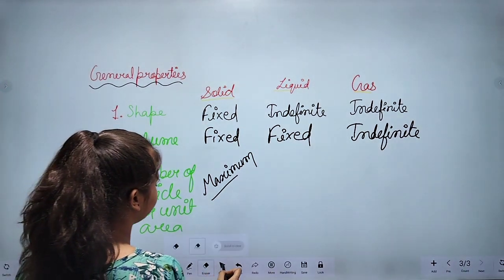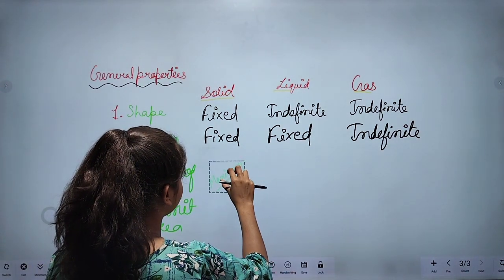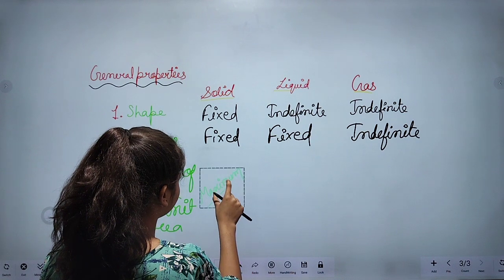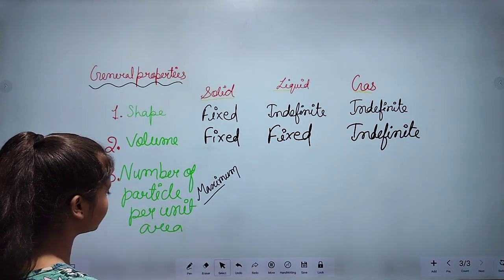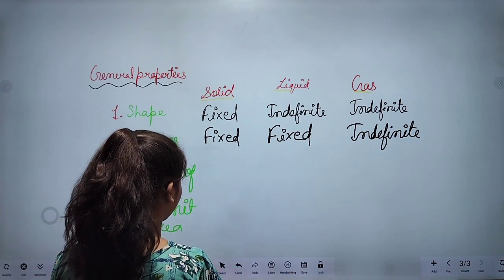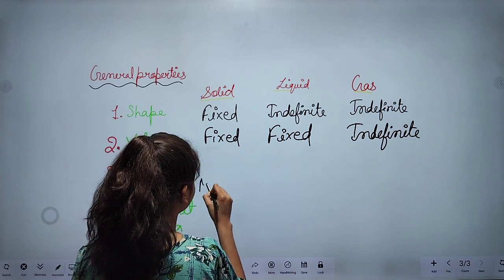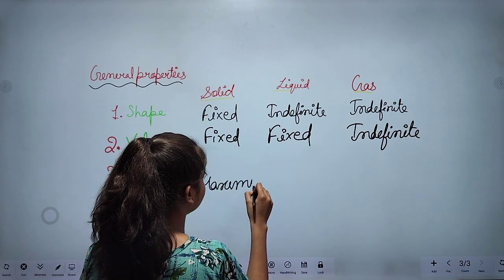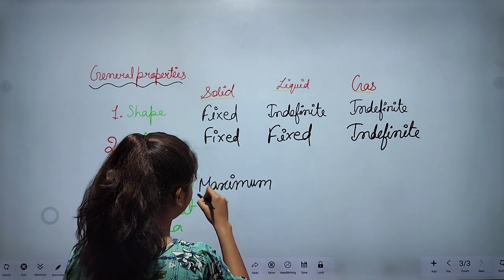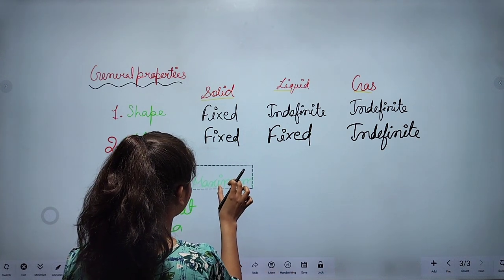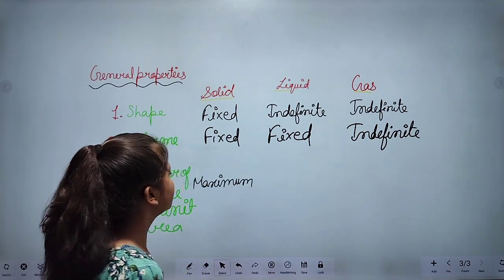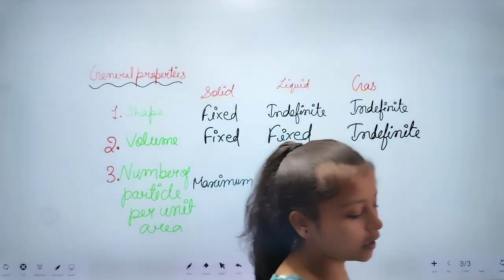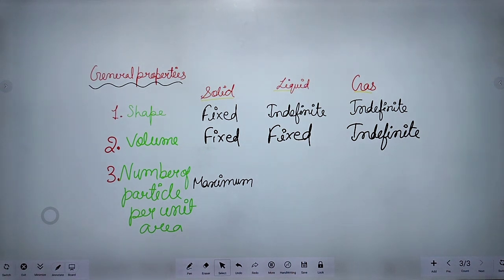Okay, and in liquid, when we talk about liquid, its number of particle per unit area is not maximum, it's intermediate.